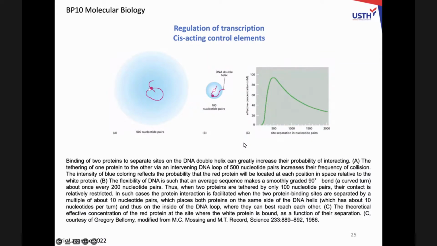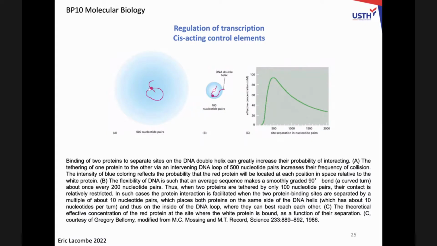So I will change completely this for you to understand. So you see in the drawing on the left, this is the piece of DNA, okay? Whatever piece of DNA, and the two little balls, the white and the red, they are two proteins that are bound to two different sites of DNA.